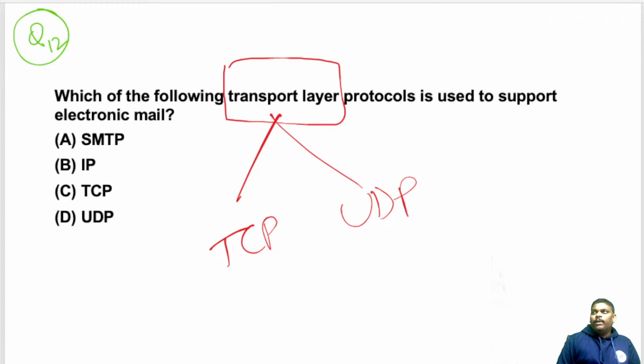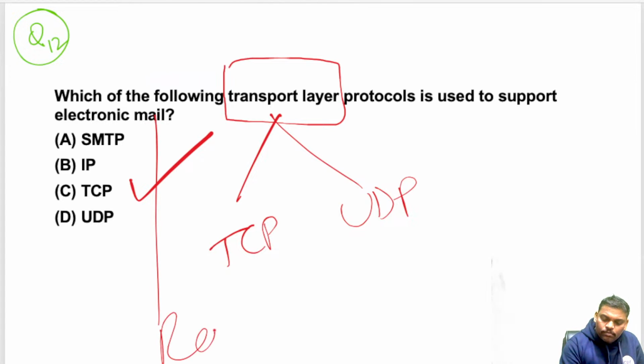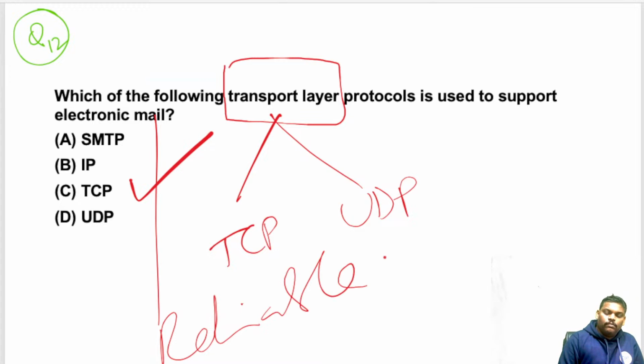TCP is reliable, so mail is also reliable. If you want reliable mail, go to TCP. So the answer is C, because mail must be reliable. Reliable means TCP.